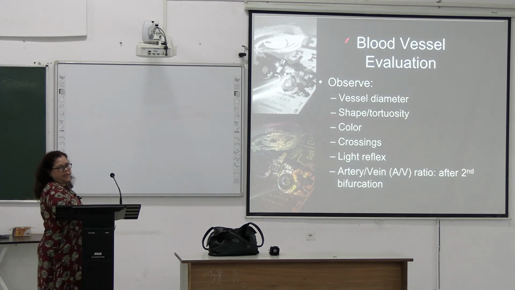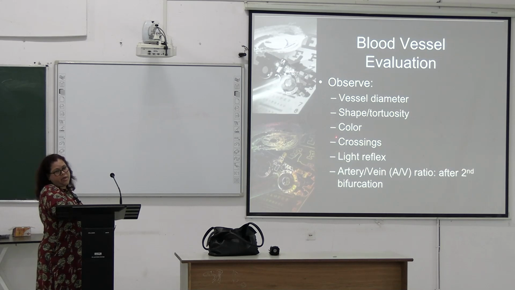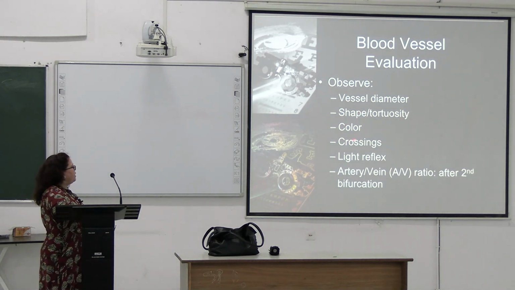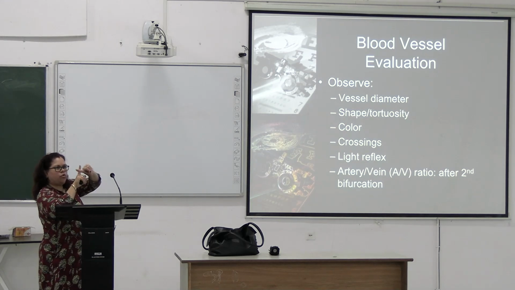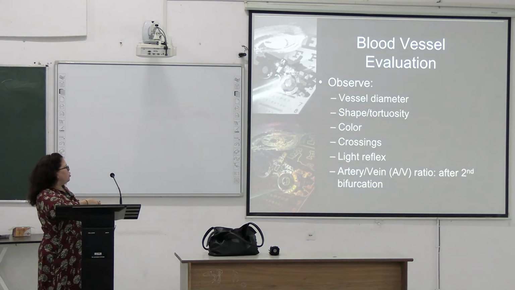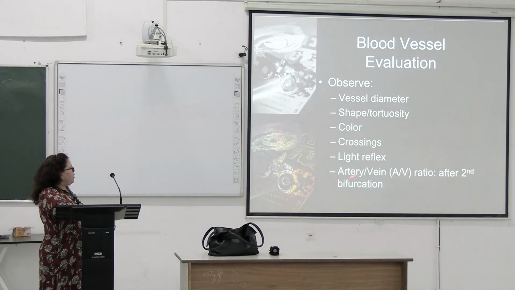Tortuosity is present in hypertensive retinopathy, and there may be aneurysm, neovascularization, and copper wiring color appears in hypertensive retinopathy. Crossing of the two vessels, arterial and venous crossing. So these are the crossings of the vessels, and the light reflects, and artery and vein ratio, AV ratio, and bifurcation.